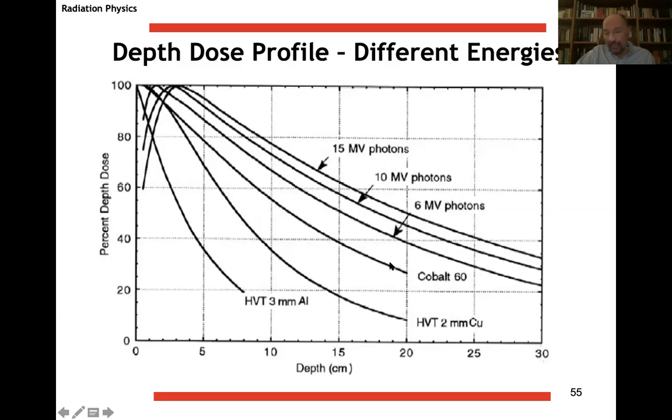the cobalt 60, this is the depth in centimeters here, and this is the percent of the dose. Cobalt 60, that was used for therapy for many years, is here. These are high voltage with different screens in aluminum and copper.